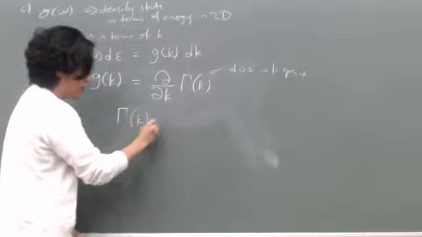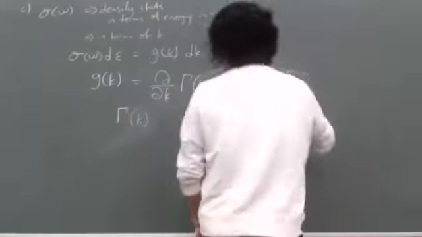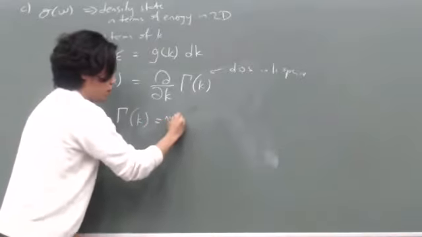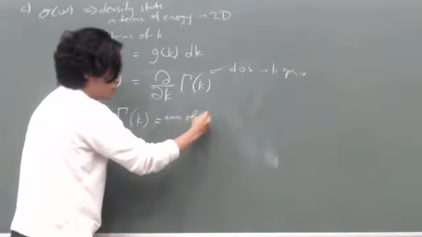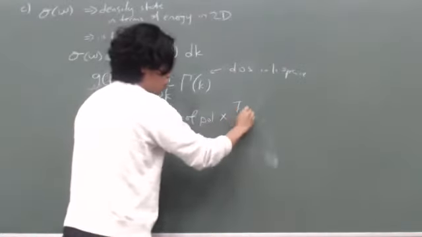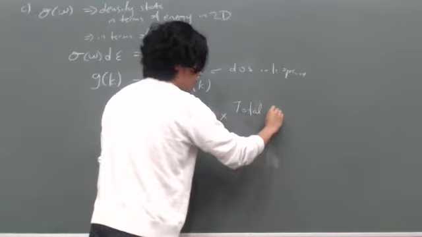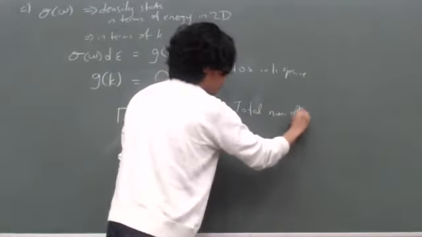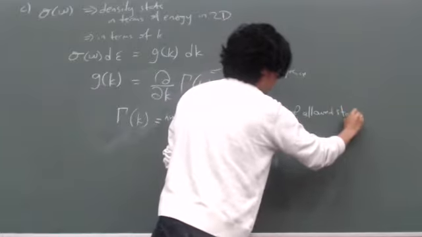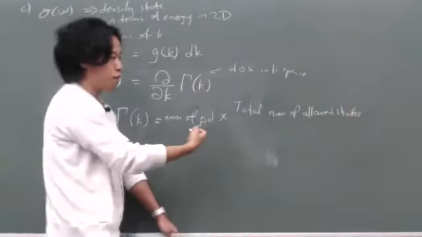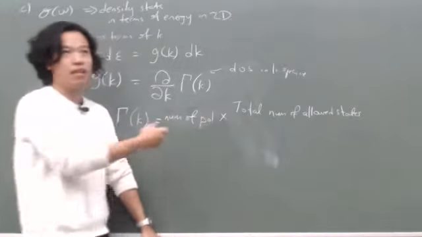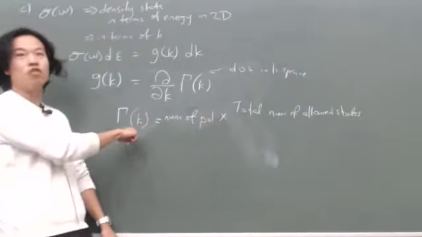This one we can reason to find, because for the density of states in k space, it's pretty much defined as the number of spin directions or polarizations multiplied by the total number of allowed states. This is the total number of k vectors that you can physically have in your system, so it depends on the energy.